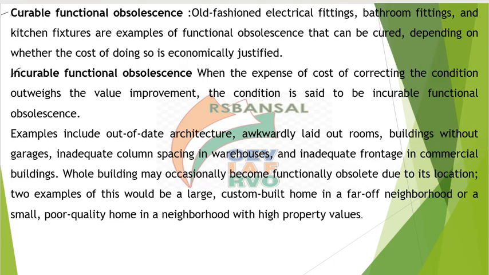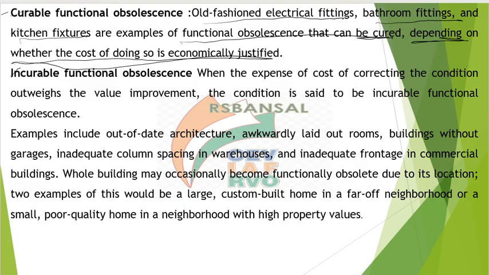For curable functional obsolescence, you can change old-fashioned electrical fittings, bathroom fittings, and kitchen fixtures. These are examples of functional obsolescence that can be cured. You have to check whether the cost of doing so is economically justified or not.